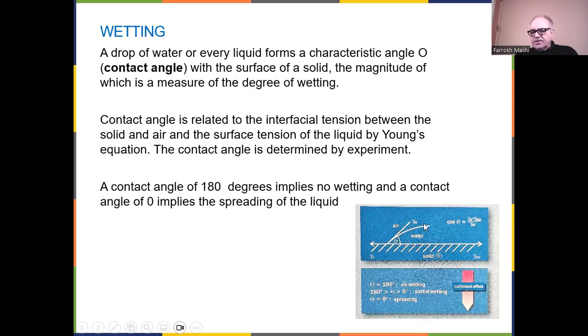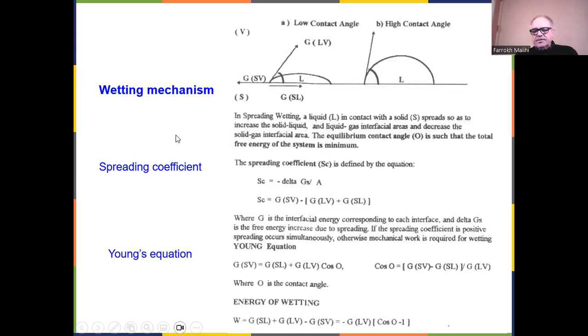Basically, a sphere appears on the surface of the substrate, and a contact angle of 0 implies complete spreading. Basically, a film appears on the surface of the substrate. This whole process can be quantified by Young's equation, which leads to a determination of the spreading coefficient. So we can basically compare different liquids and the effect of surfactants on wetting.